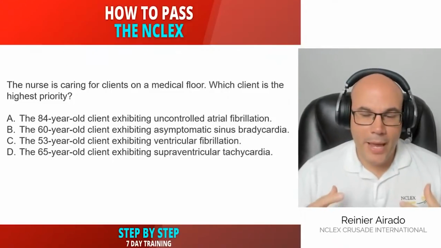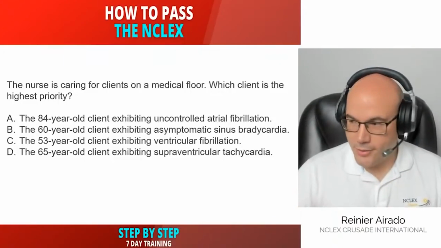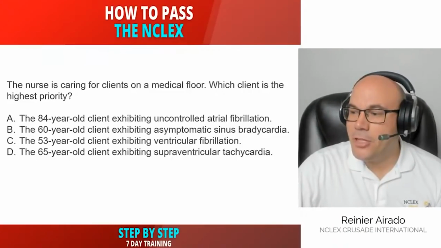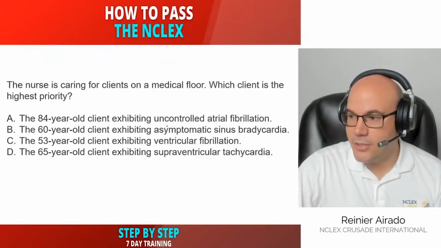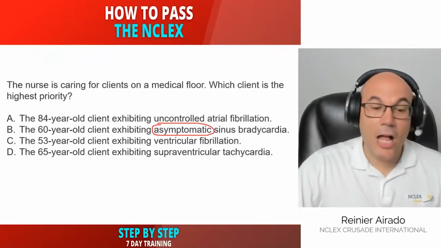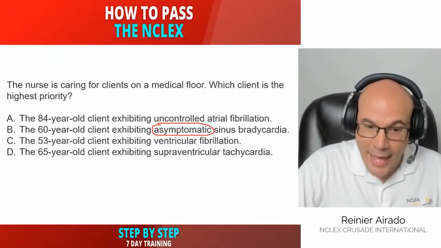So if I compare A and B, who is worse? Uncontrolled atrial fibrillation or asymptomatic sinus bradycardia? So the word asymptomatic tells me that the patient is not experiencing any symptoms.